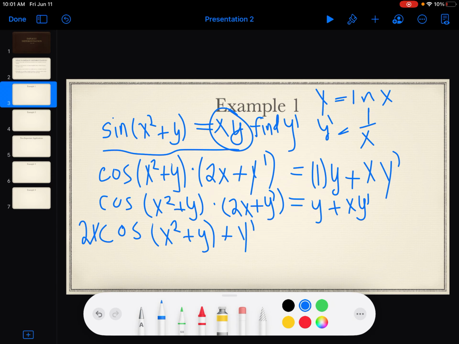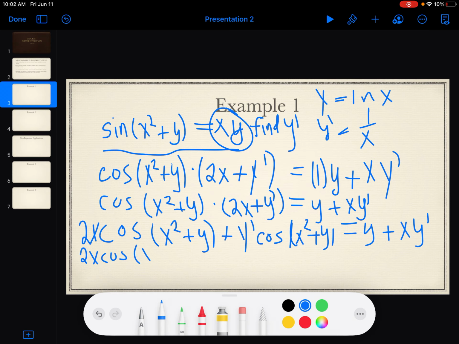So we got y prime, cosine of x squared plus y, is equal to y plus x y prime. And so let's get the, just isolating.